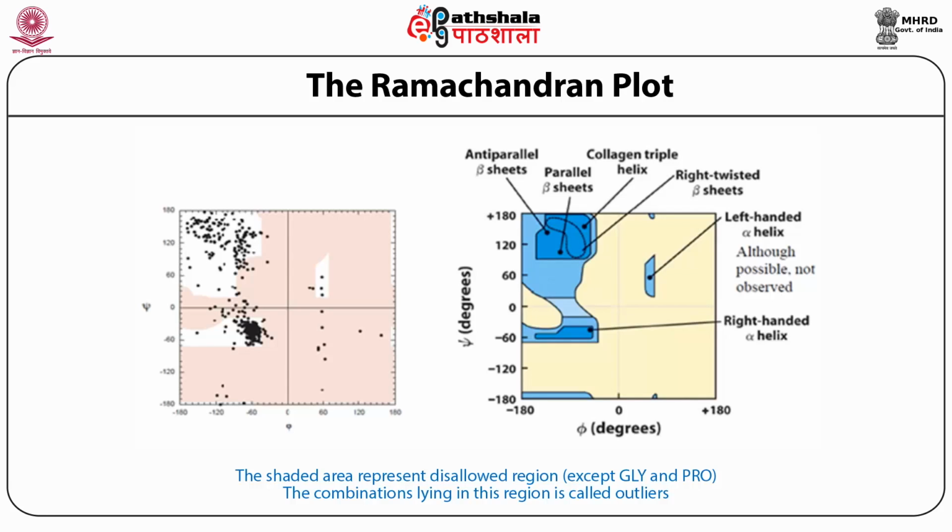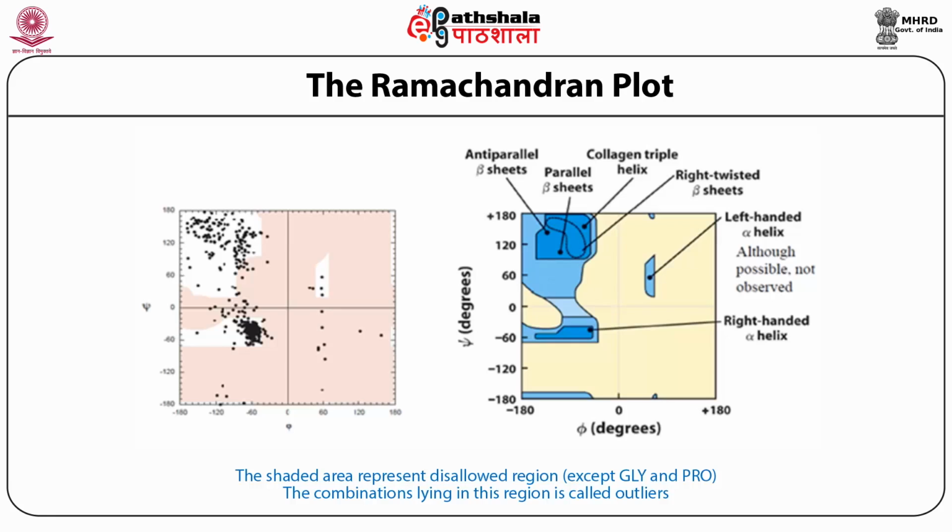So it's highly flexible because of its hydrogen, and the number of clashes is very small. So glycine can be anywhere within this Ramachandran plot. For glycine no region is called unfavorable or disallowed. Proline is a cyclic amino acid, and because of this it has a special orientation, so it can occupy these places in the disallowed region.